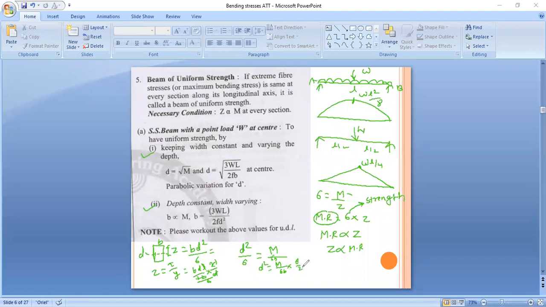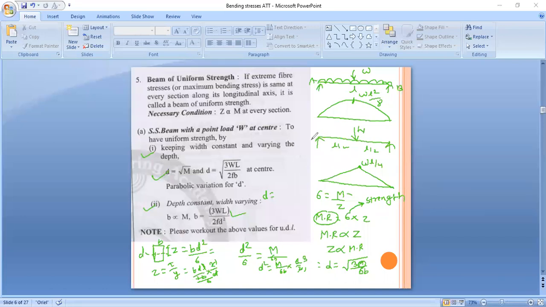Okay, 6 by 2: 2 ones are 2, 2 threes are 6. Therefore, taking the square root, D is equal to the square root of 3M upon 6 sigma B. M is nothing but WL. So this formula comes. And when we put depth constant, D equal to constant, we will get this formula 3WL upon 2F D square.